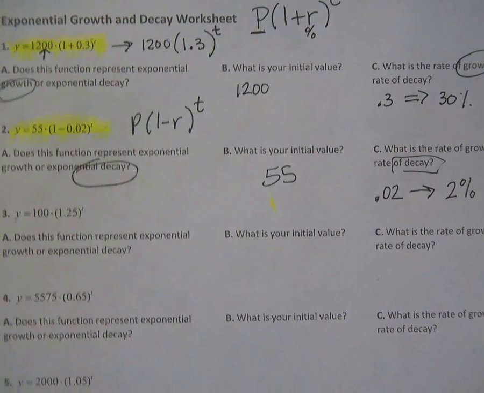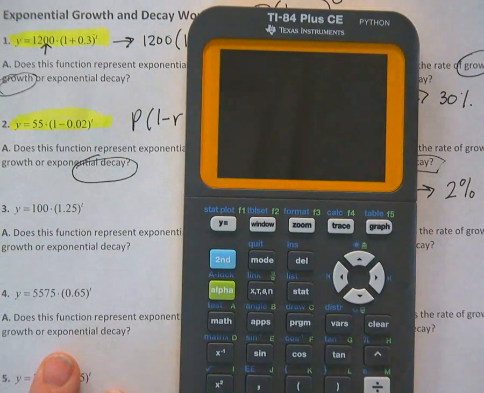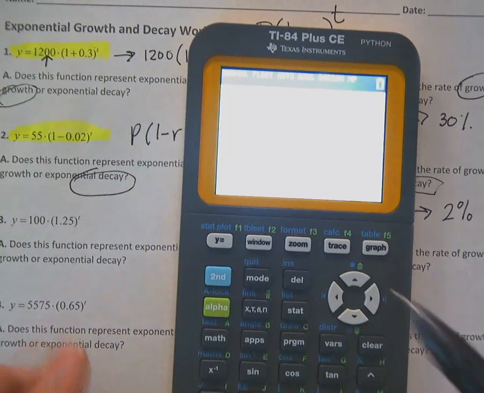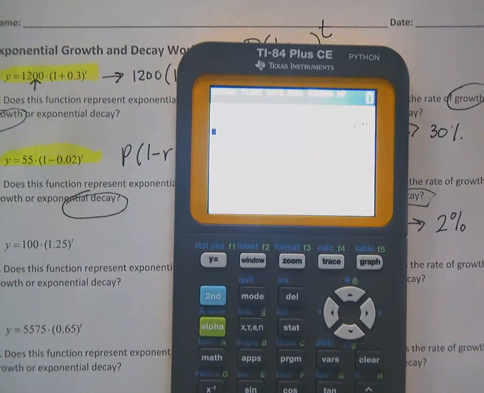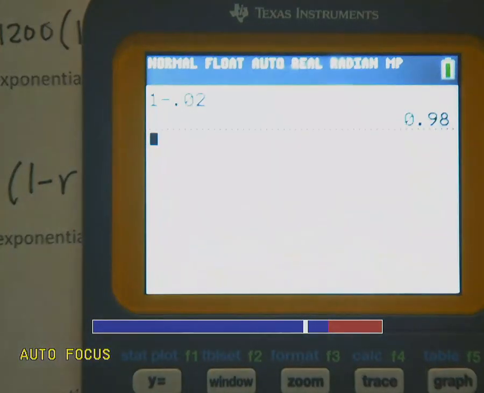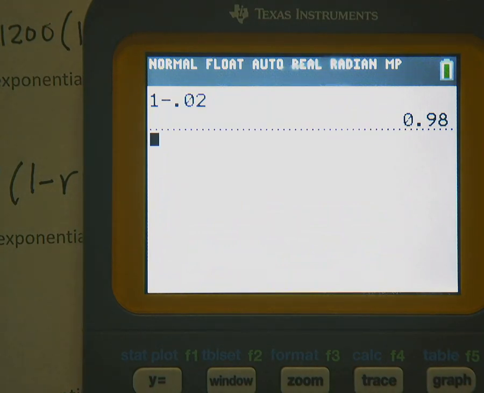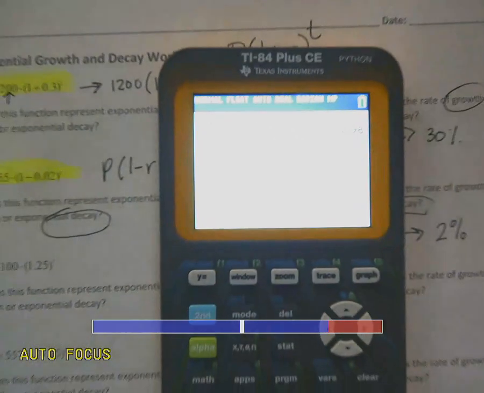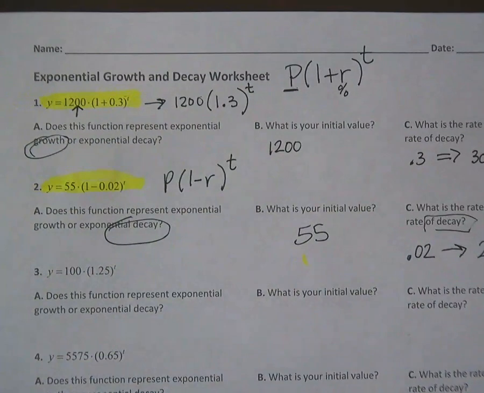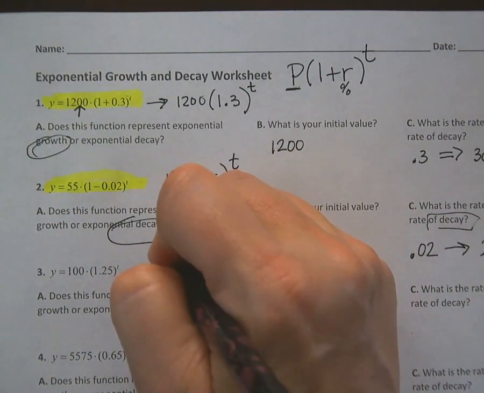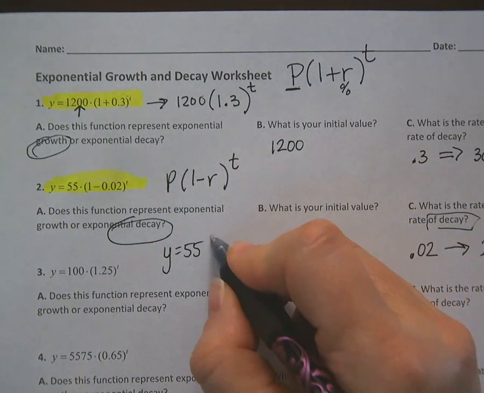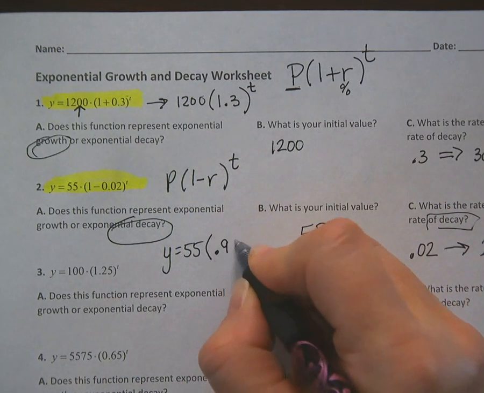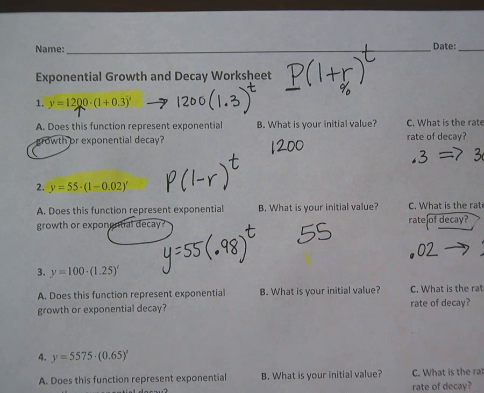Okay, now here's where I want to stop and talk to you for a minute, because if we use our calculators to actually figure out what 1 minus 2% is, you'll see that it comes out to be 0.98. So this expression can be rewritten, or this equation, as 55 times 0.98 to the t power.